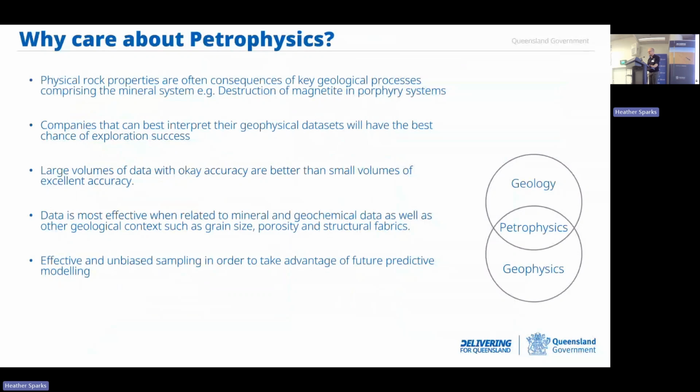This data should ideally be collected in conjunction with other robust qualitative geological information, such as lithologies, mineralogies, metamorphism, alteration, weathering, as well, of course, as some more quantitative data, such as grain size and porosity. And finally, similar to our HyLogger and Mineralizer workflows, we really wanted to acquire a data set in an automated fashion with as little human bias and input in the sampling process as possible.